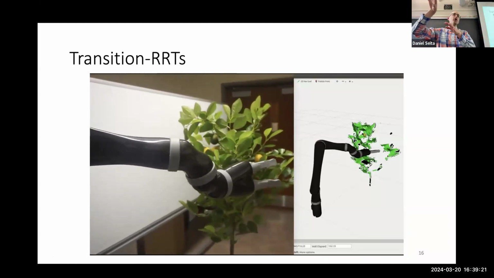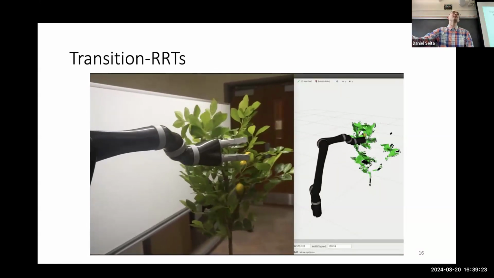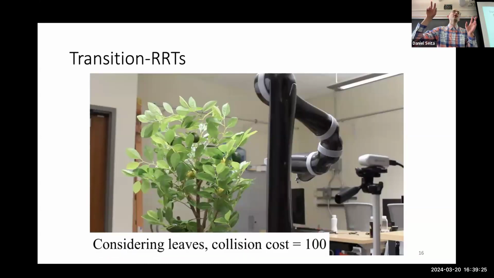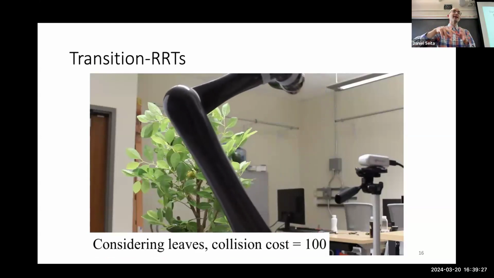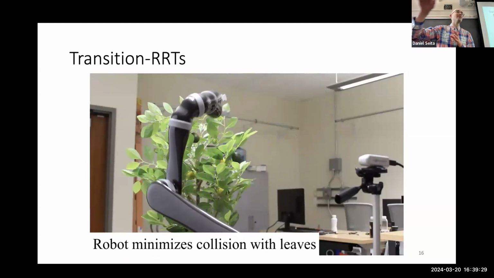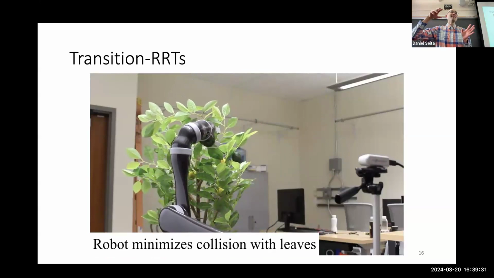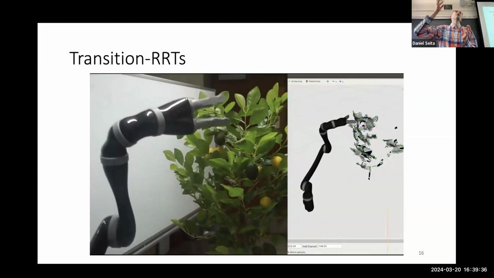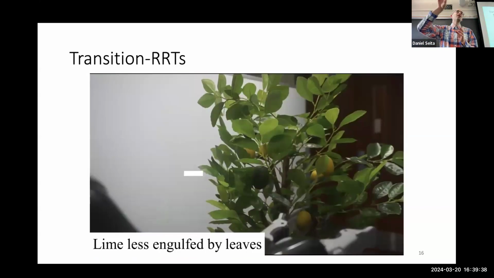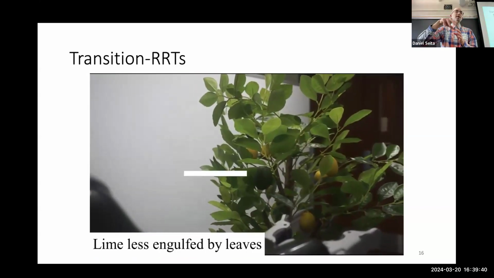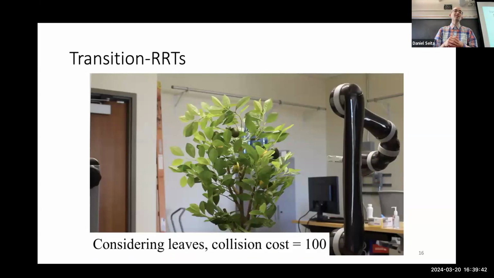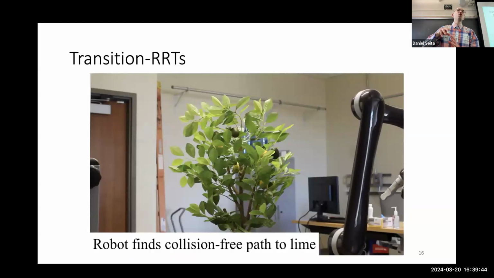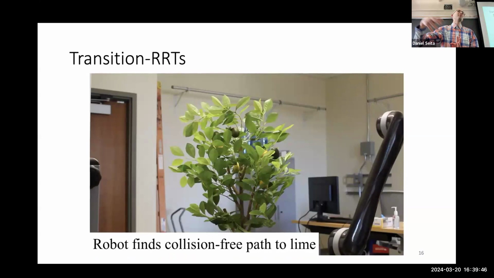And the leaves are permeable obstacles. So they're not obstacles that the robot cannot touch at any cost. The robot can touch them, it's just going to be a little bit higher cost if it touches the leaves, but it's not so expensive that it prevents the robot from touching them at all.